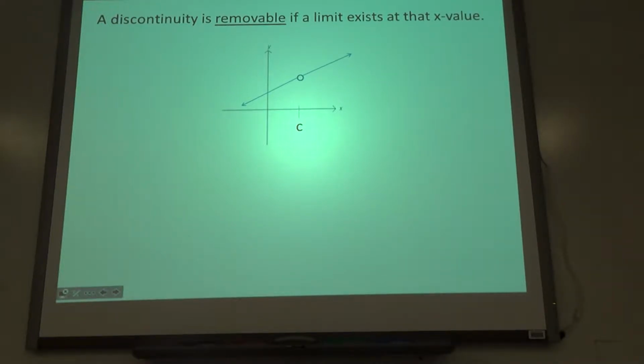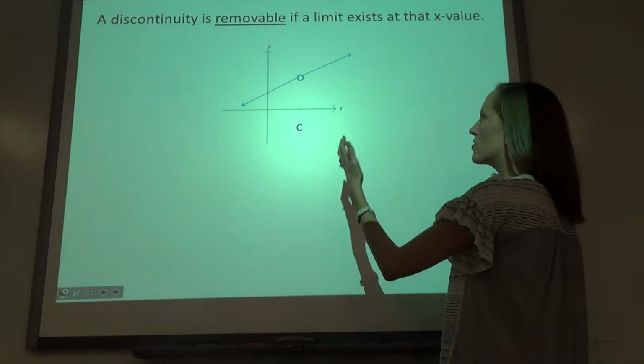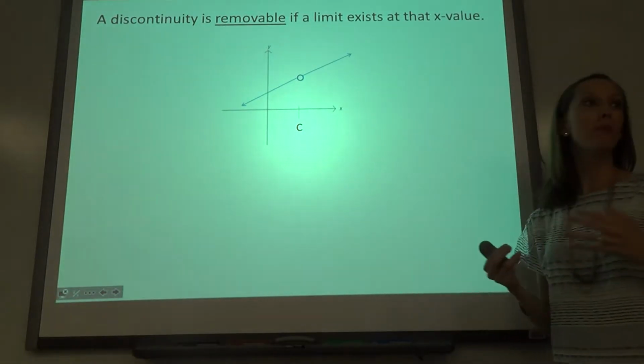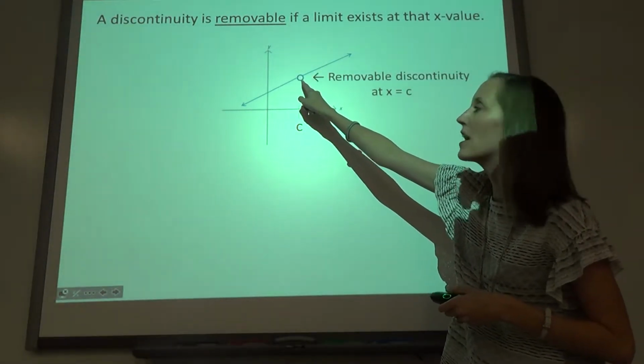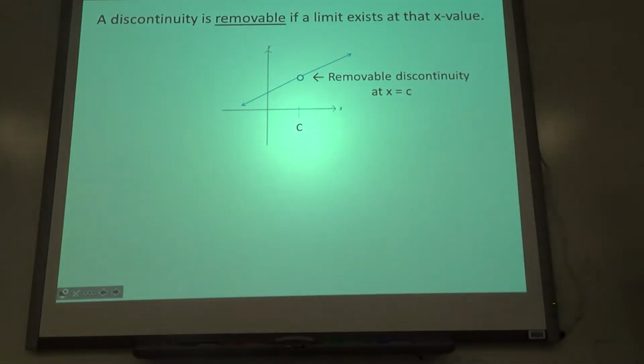It's removable if the limit still exists at that x value. Now this is just a general graph here. I'm not even putting any numbers up here, but I would say right here at that hole, it's not continuous at that hole because it would fail condition number 1. F of C is not defined here.